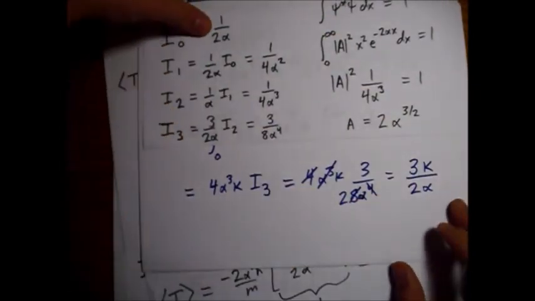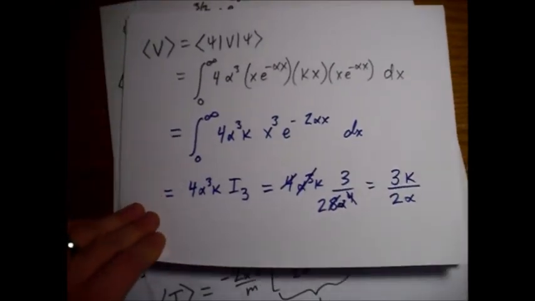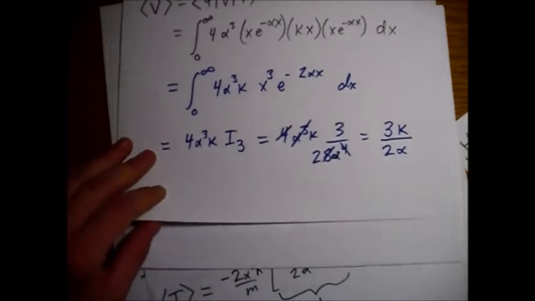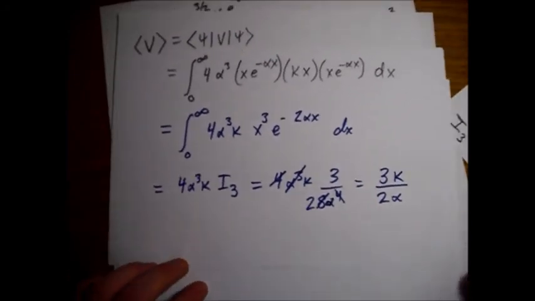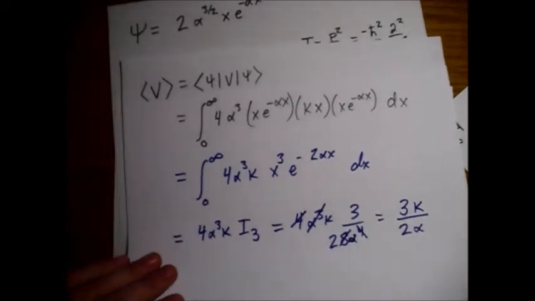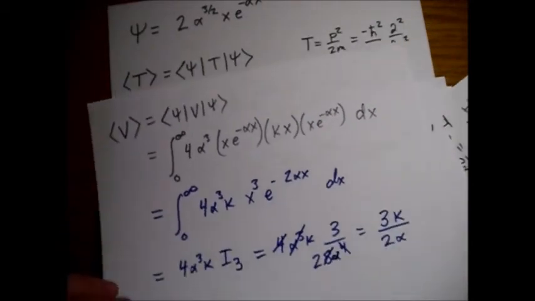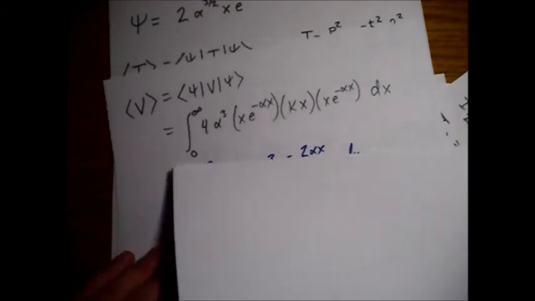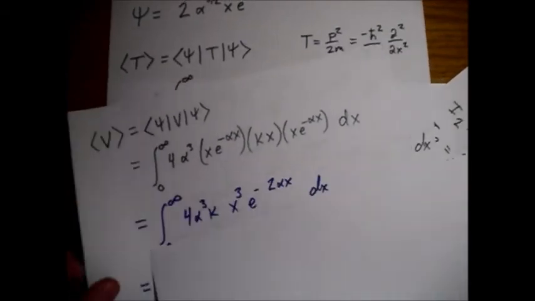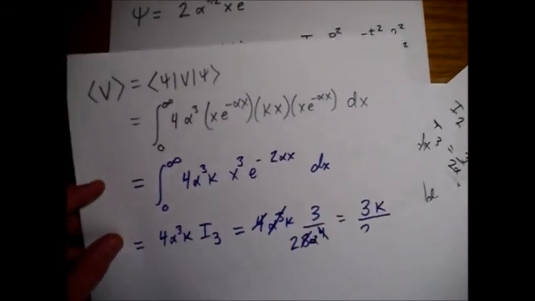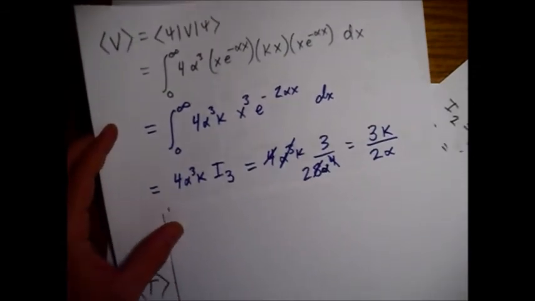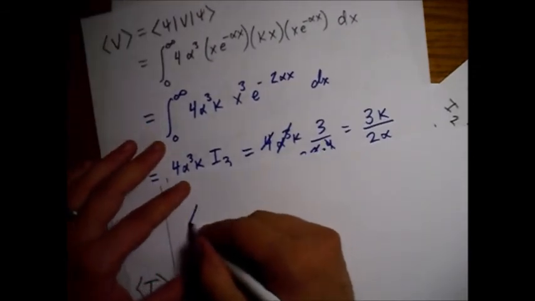So now, our expectation value for the total energy will just be our expectation value for the kinetic added to the expectation value for the potential. So let's just write that out real quick.